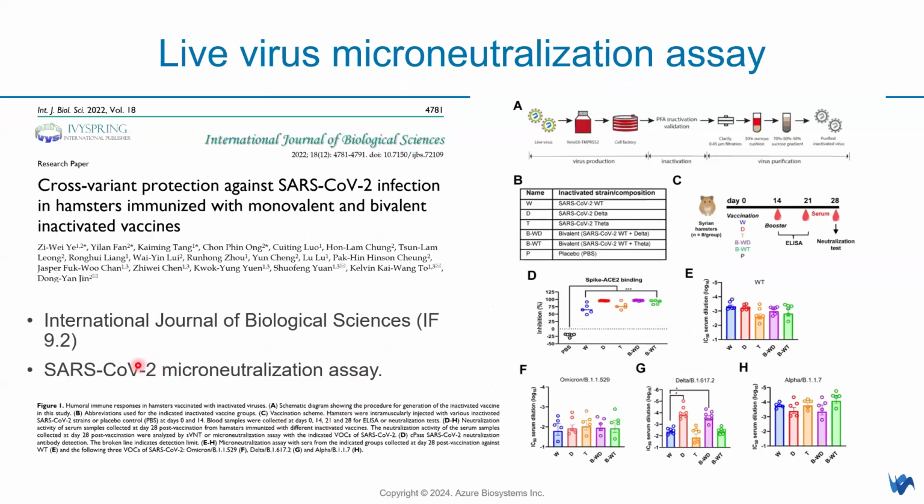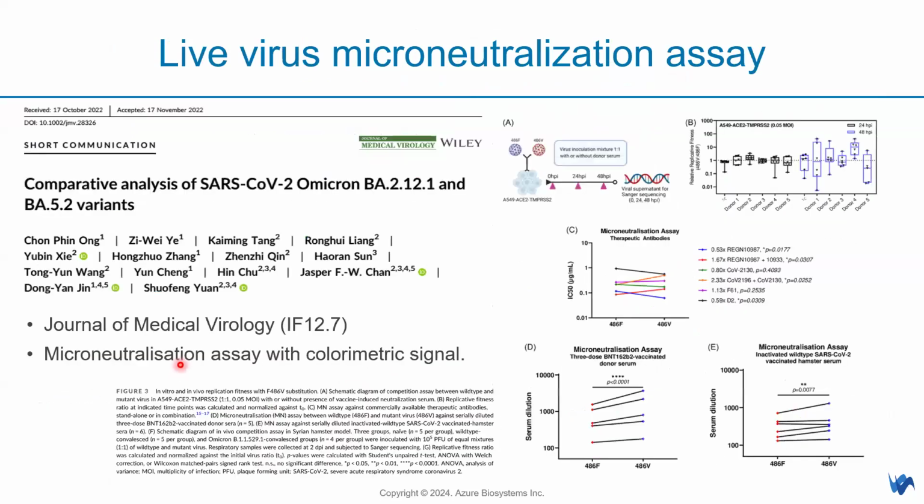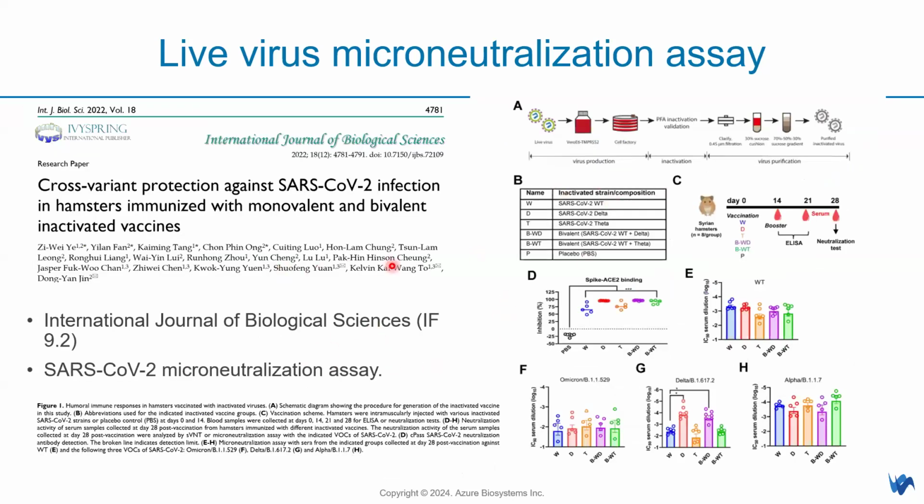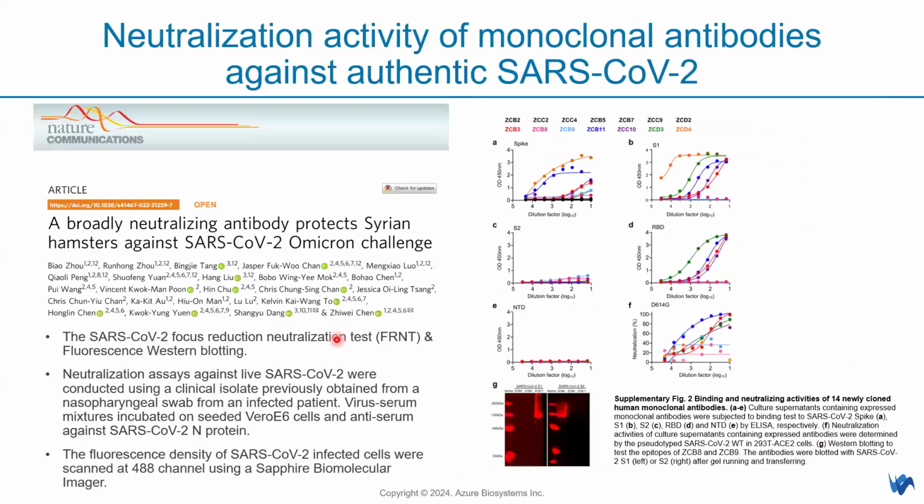Again, live virus microneutralization assays against SARS-CoV-2. And then again, live virus microneutralization assay, using colorimetric signals. And this is not on fluorescence then, this is on colorimetric signals. So the previous one, they were using fluorescence signals in that sense, right?